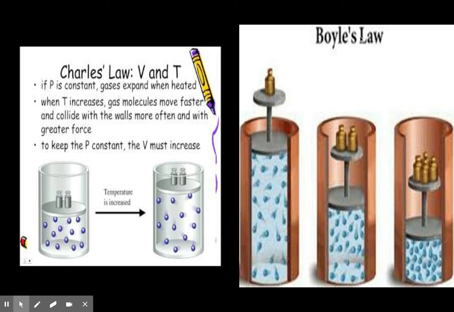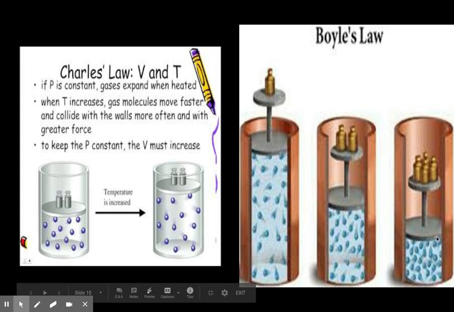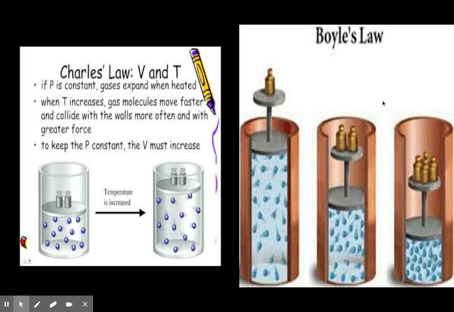Over here, if I crop that out, you'll notice that there's no indication anywhere on this diagram that temperature is changing. And so you have to assume that the temperature stays the same. We also have more weights changing the volume, and that's going to cause more collisions. So temperature, Charles's law; no temperature change, Boyle's law.